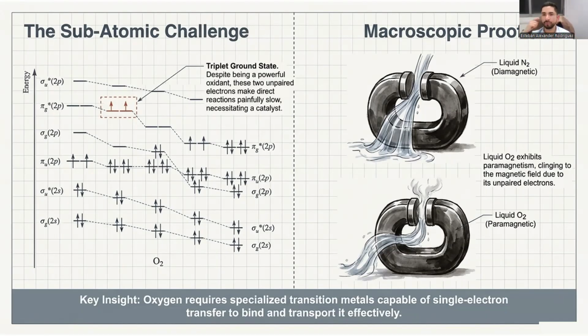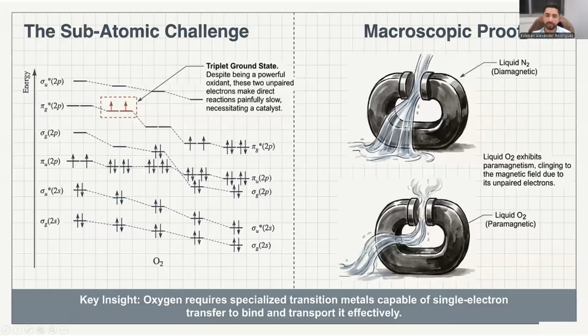For example, on the right of the slide, we can observe liquid oxygen with the paramagnetic feature, and it is attracted by the magnetic field. In comparison, liquid nitrogen does not have this paramagnetic effect, it's diamagnetic, because all the electrons are paired in the orbitals, and it doesn't feel an affinity to the magnetic field.